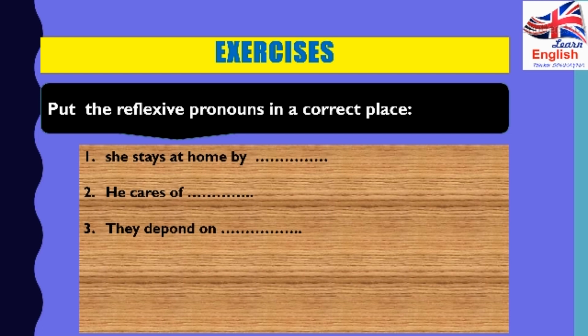When you see the subject, it helps you to find a correct answer or a correct reflexive pronoun. This is very important. If you don't know the subject, you are not going to give a correct answer. So the subject here is they. So what is the reflexive pronoun of they? We will see in the correction, of course.